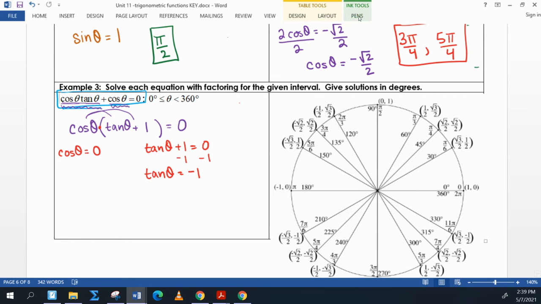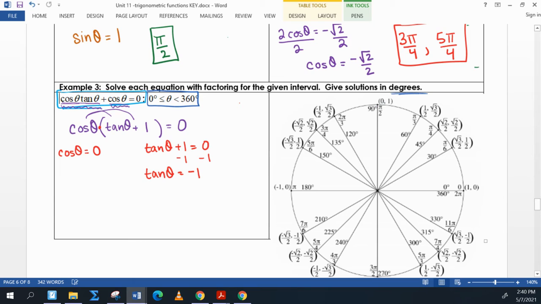All right, now it's no different than the last few examples. We're just going to look on our unit circle now. Again, look at this interval. It's from 0 to 360. This time we want to give our answer in degrees. So all the way around the unit circle here, we're looking to see where the cosine is 0. Cosine is your x value. So we're looking to see where x is 0.